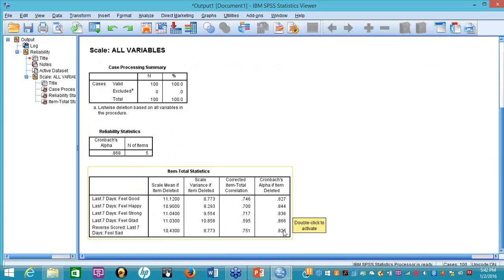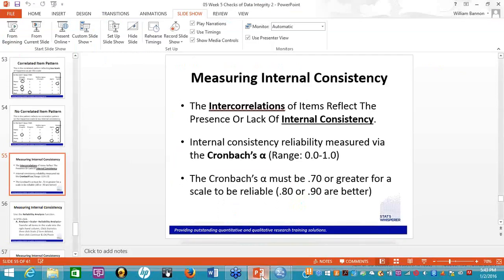It looks like none of them are above 0.868, so it looks like they're all contributing to the internal consistency. But if this was like 0.60 and then this said 0.80, that would mean deleting that item would bring it up to 0.80.